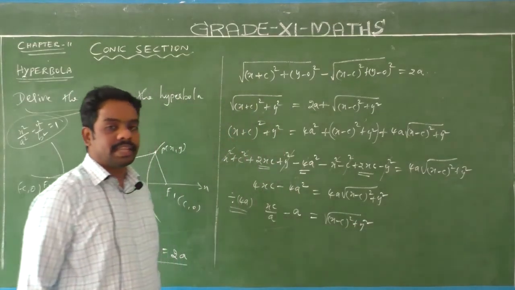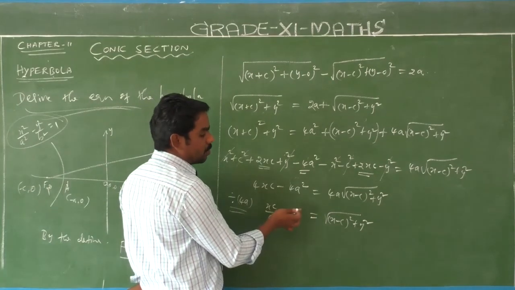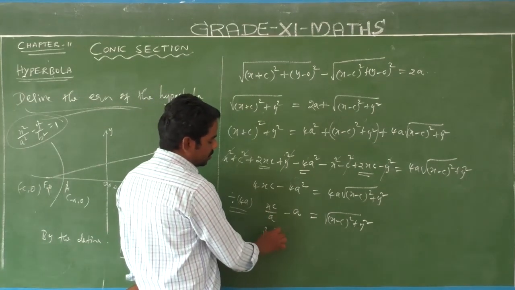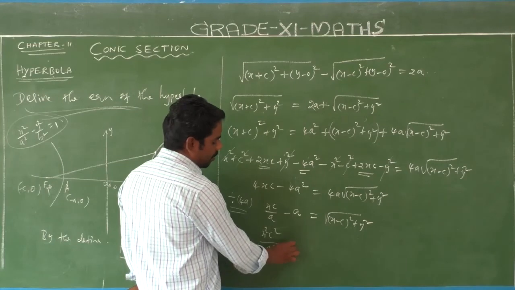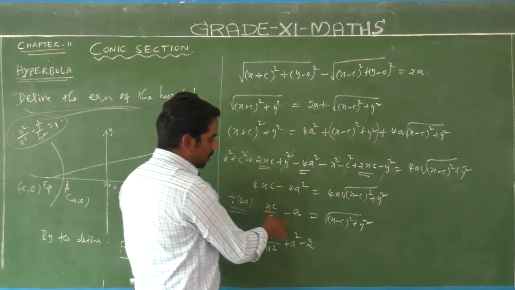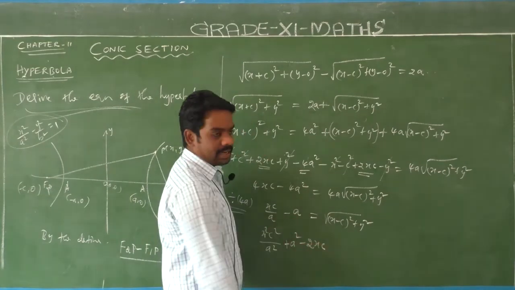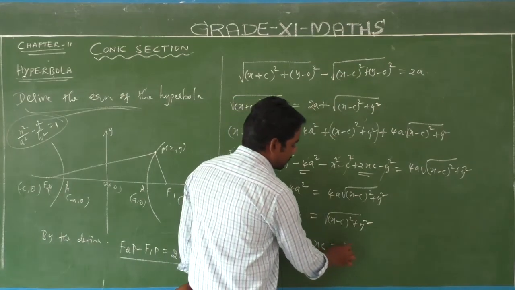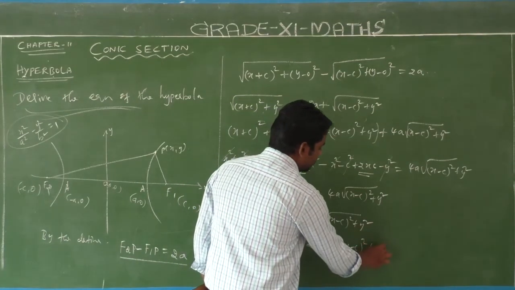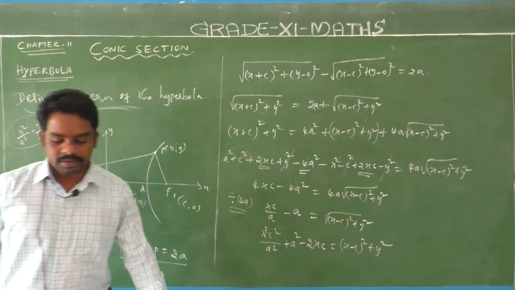Take square on both sides, again square on both sides. So (xc by a minus a) the whole square is, that is x square c square by a square plus a square minus 2 into a into xc by a, that is 2xc, a cancel, is equal to (x minus c) the whole square plus y square.